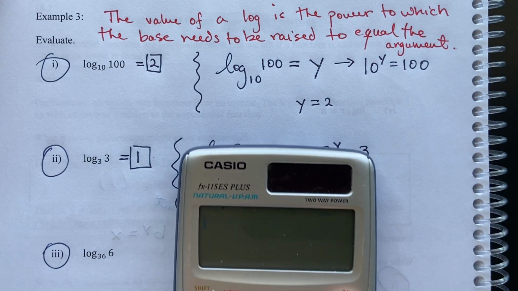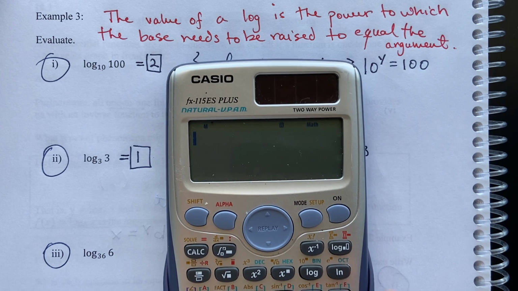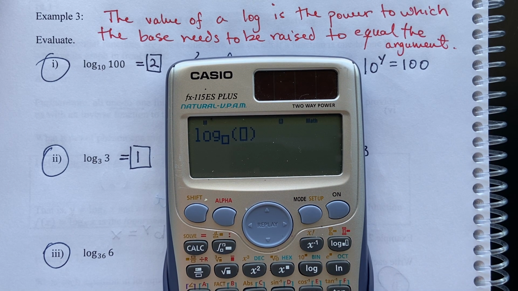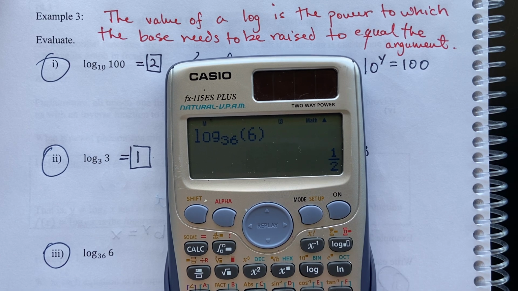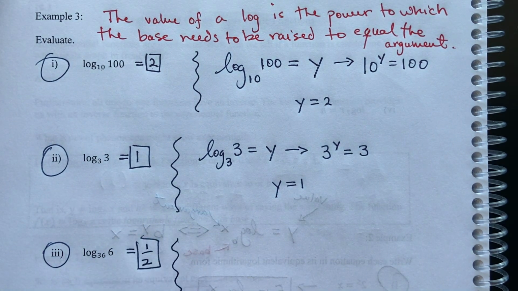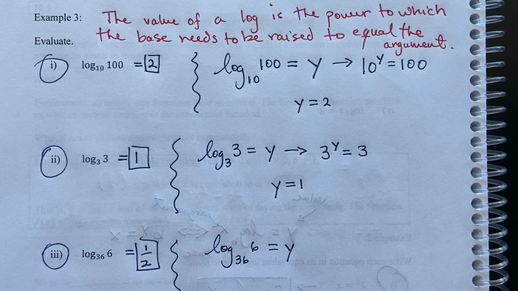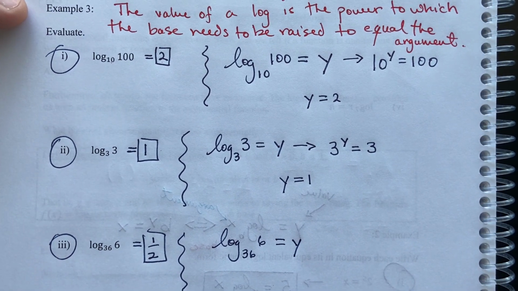Log base 36 of 6, again pressing this button right there, I'm getting a half. So this is a half, but let me explain. Let's say we didn't know what it was and it's equal to y.